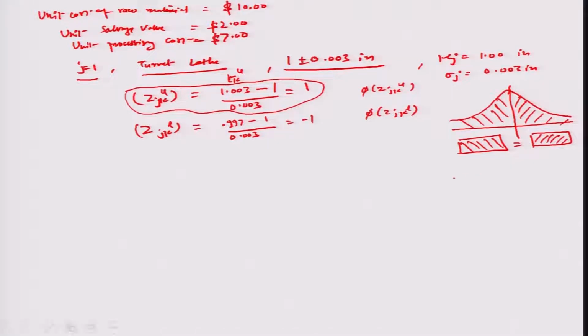If I wanted to find the cumulative distribution function from minus infinity all the way to Z lower jk, in this case Z lower jk being negative, it would be the same as the cumulative distribution function from the modulus of Z lower jk to infinity. So, this area right here and this area are all the same, because you can fold the area to superpose exactly along the mean line, the mu j line here.